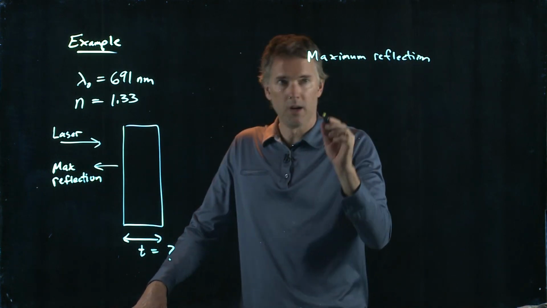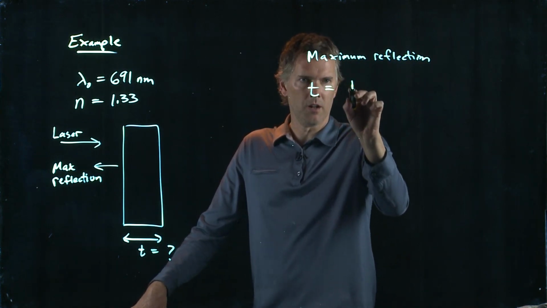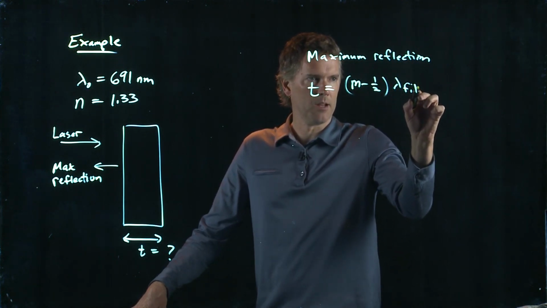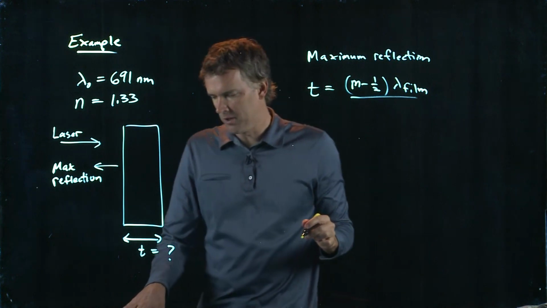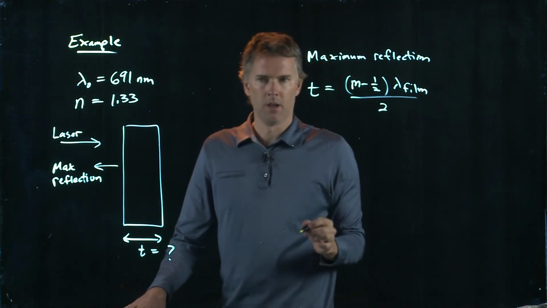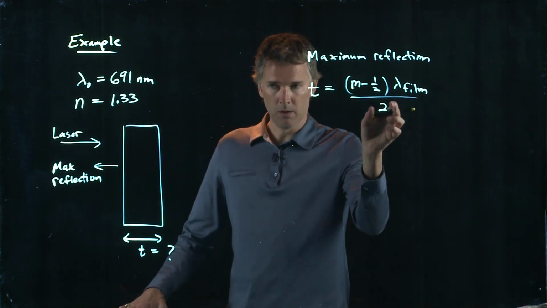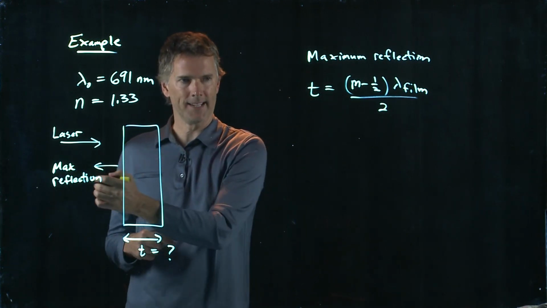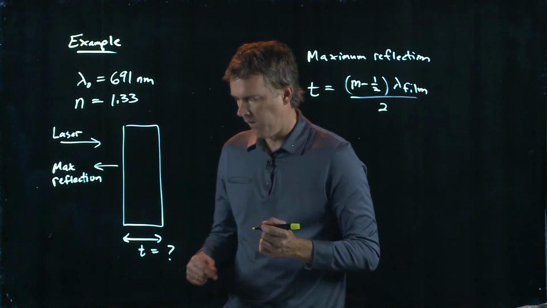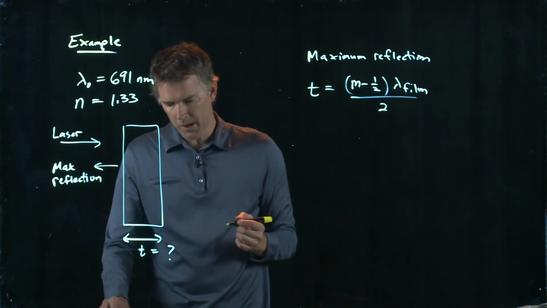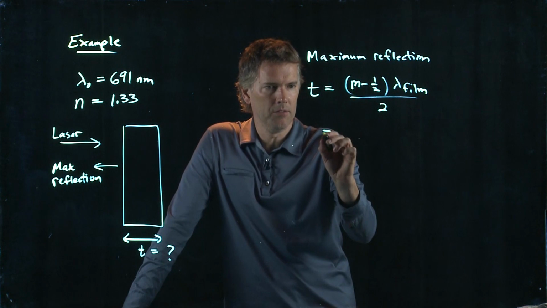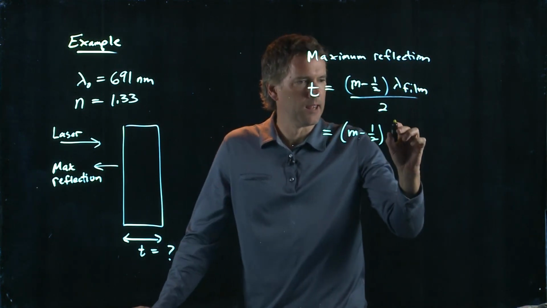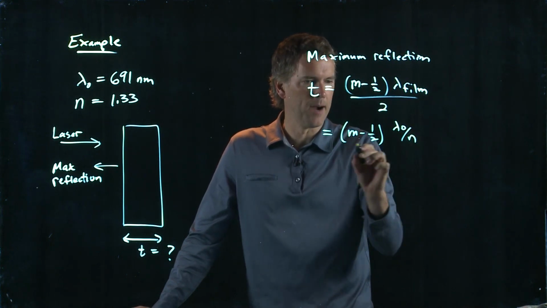And what we wrote down was thickness T was (m minus a half) times lambda in the film, and then we have to divide by 2. Okay, the reason you're dividing by 2 is because it's double pass. Light has to go through the film, reflect, and come back. Okay? So, we know what lambda film is. Lambda film is lambda naught divided by n.